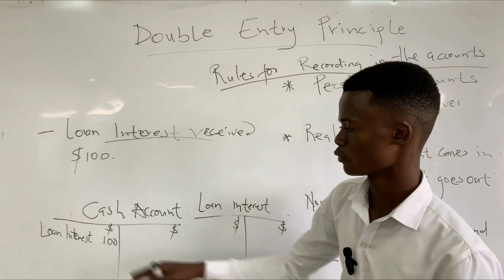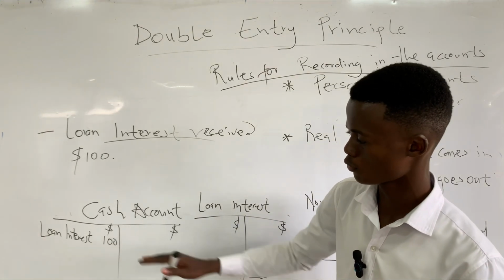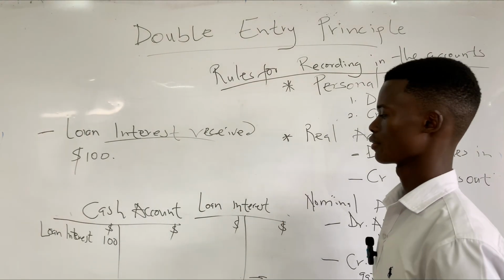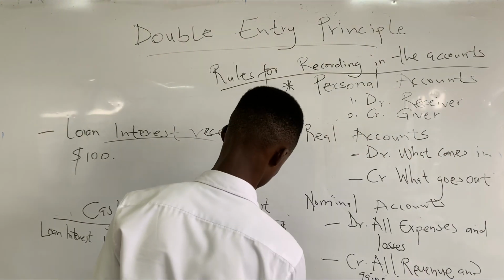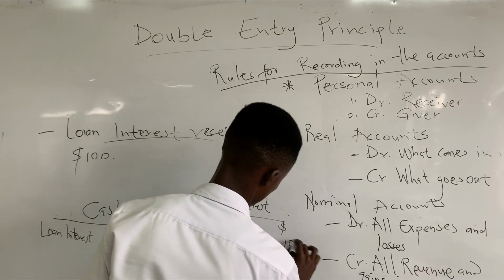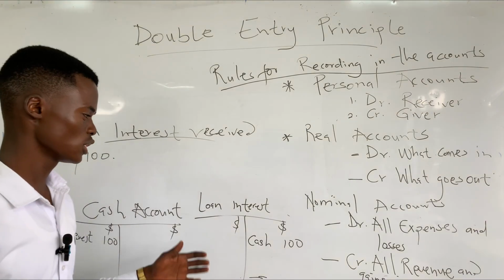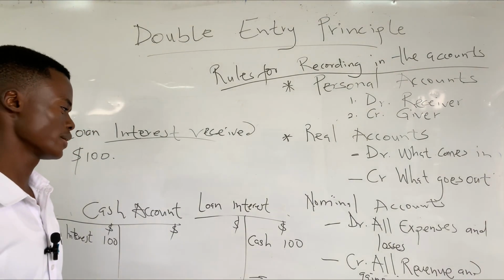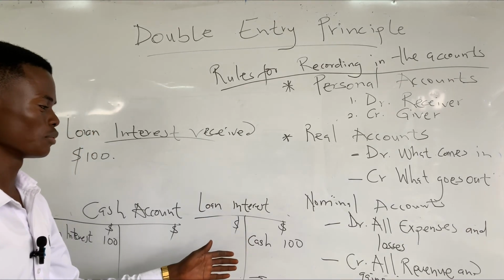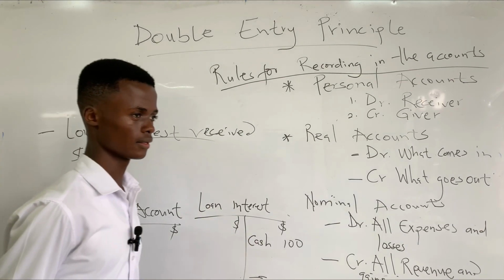So we've debited the cash account in the name of loan interest, so the loan interest account will obviously be credited. So we credit it in the name of cash, $100. This is why the revenue account should be credited, because at the end of the day, the loan interest received, which is a revenue, has been credited.